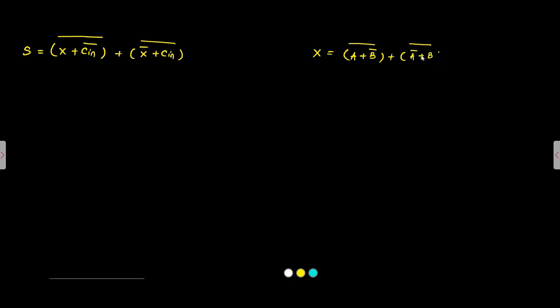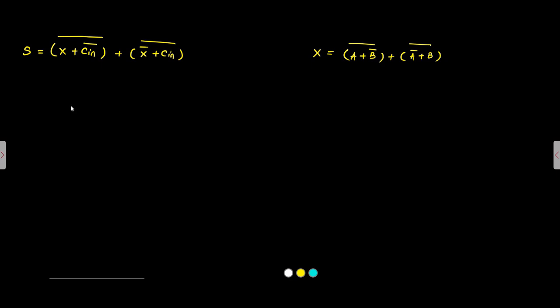Sum is (X or C in bar) whole complement, or (X bar or C in) whole complement, where X is (A or B bar) whole complement or (A bar or B) whole complement. Okay, so first we have to get X.